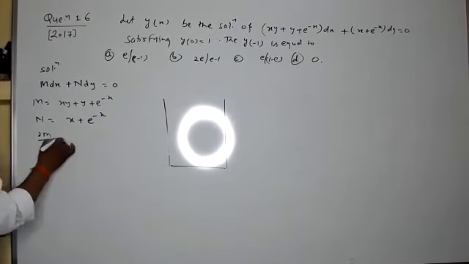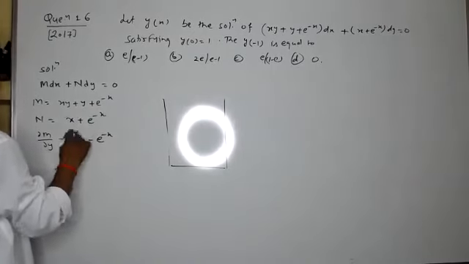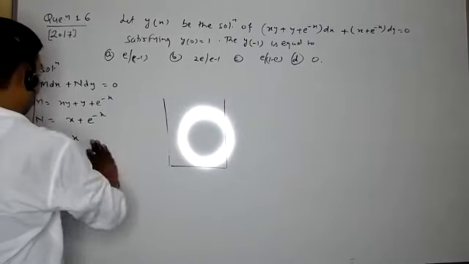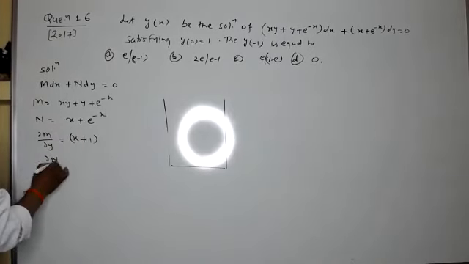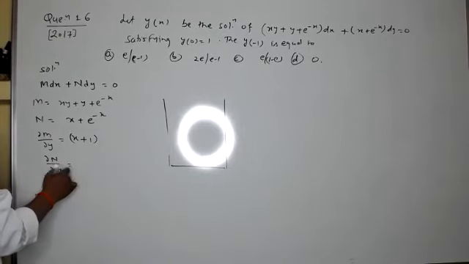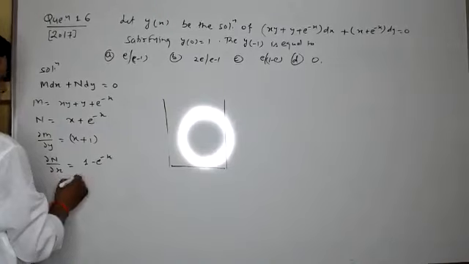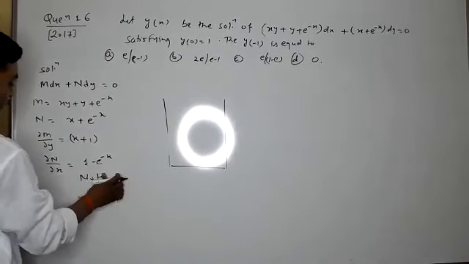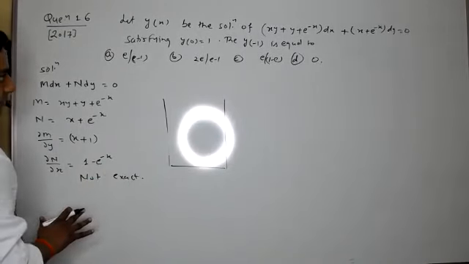So the derivative of M over derivative of y will be x plus 1, and the derivative of N over derivative of x will be 1 minus e raised to the power. So the given differential equation is not exact, right?